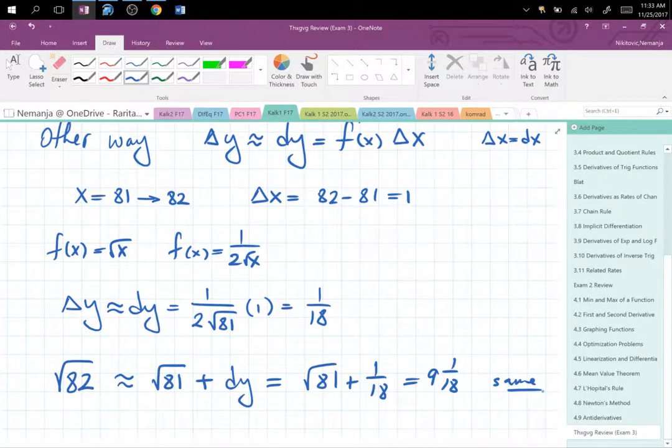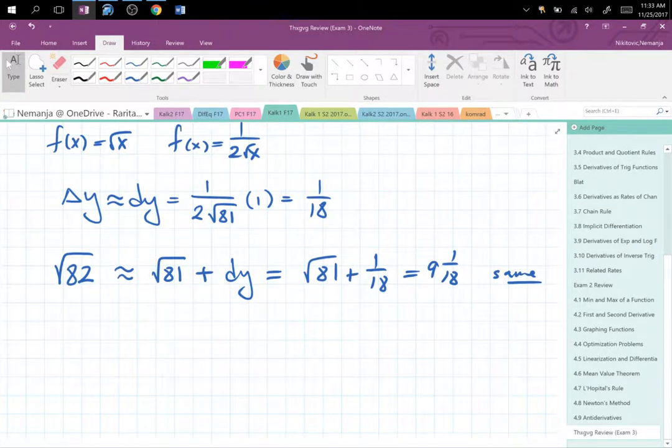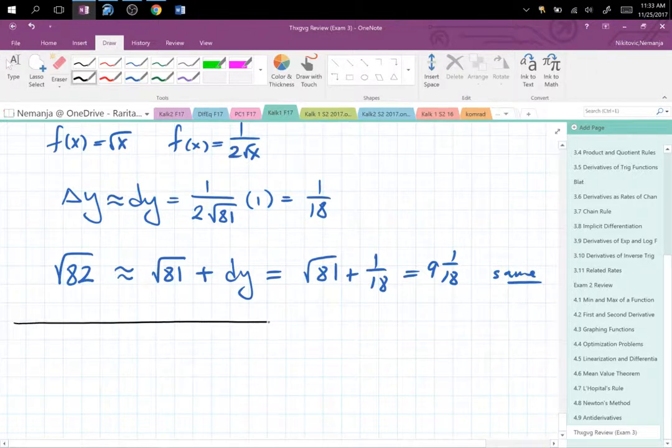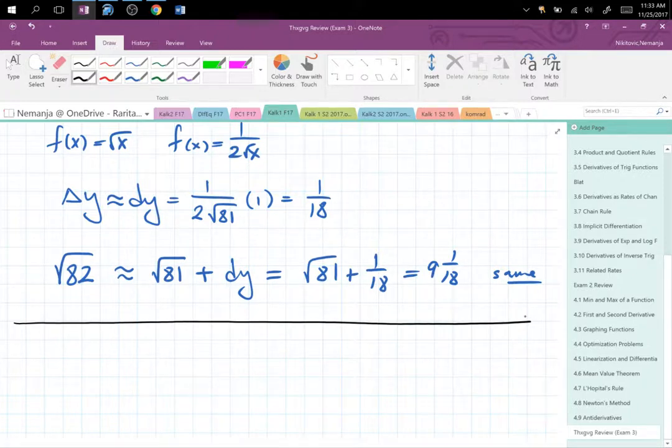So that was a whole bunch of linearization, word problems, and things. We have two extremely important things left, and those are obviously L'Hopital's rule and integration.